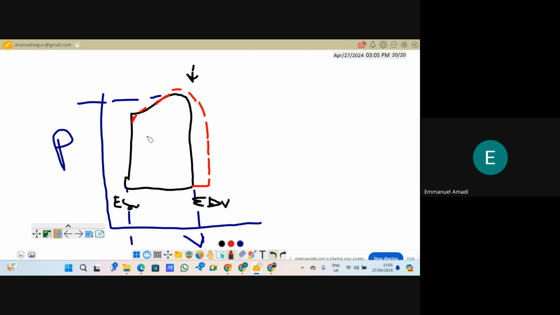It implies that normal saline increases the end diastolic volume. Remember now, if you give normal saline, you increase the effective circulating volume. Once the effective circulating volume goes up, automatically, you will definitely increase the amount of blood that is being returned to the heart. So end diastolic volume goes up classically.